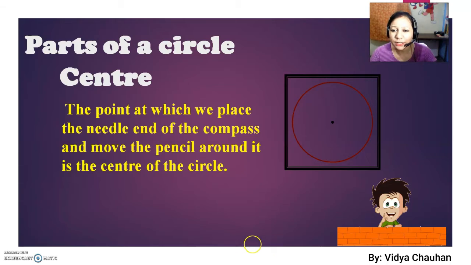Here you can see a circle, and the black dot at the center is called the center of the circle. This is the fixed point which does not move. We fix this point, and with the help of a compass we draw a circle through it. The fixed point is called the center of the circle.